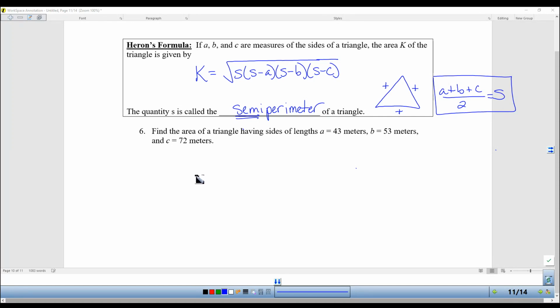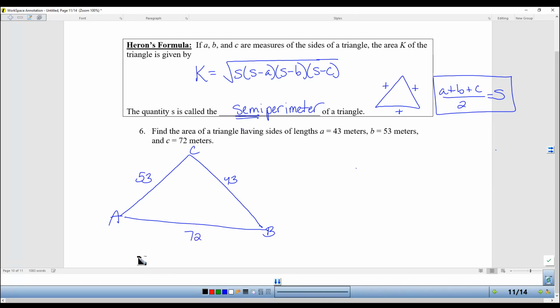Find the area of a triangle having the lengths. So I'm going to put my A here, 43, my B here, 53, and I chose this one for C because it does look the longest on my picture. And just to make you appreciate Heron for a minute, if you did area is 1/2 base times height, you would have to find this height.